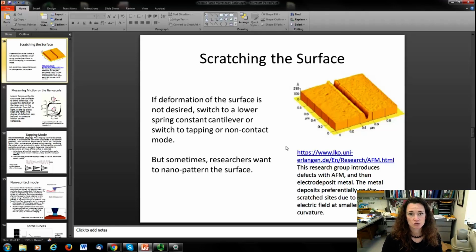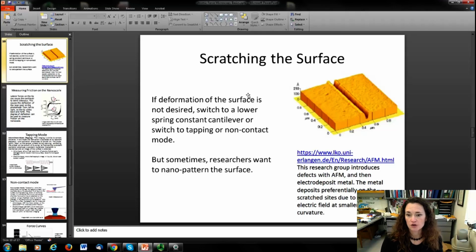Maybe they want to write a pattern on the surface or deform the surface on purpose. Like, for example, this research group here, whose image I stole and credited, they introduced defects like scratches with the AFM, and then they submerge the surface in a liquid and do an electrodeposition, electroplating basically, onto that surface.